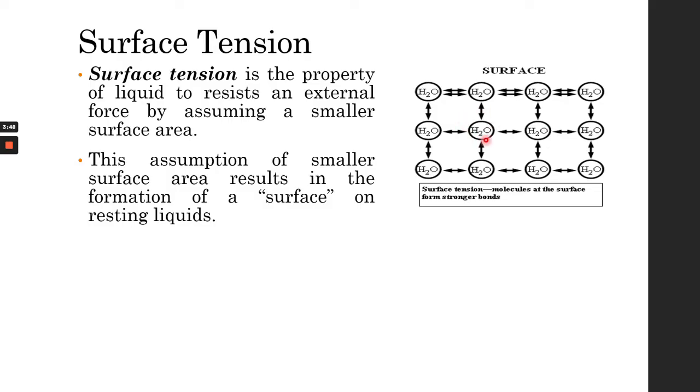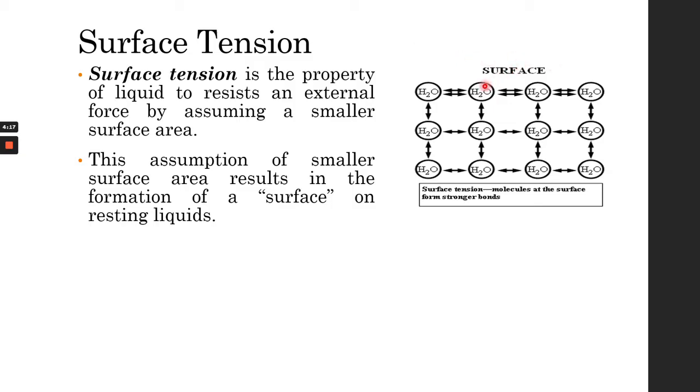So for example, right here we have one molecule of water and it is connected to four other molecules of water. But when we look at the surface of the water, it is only connected to the molecules on its surface and the ones below it. It doesn't have any way to connect on the top because on top it's already gas, so there are no water molecules on top.